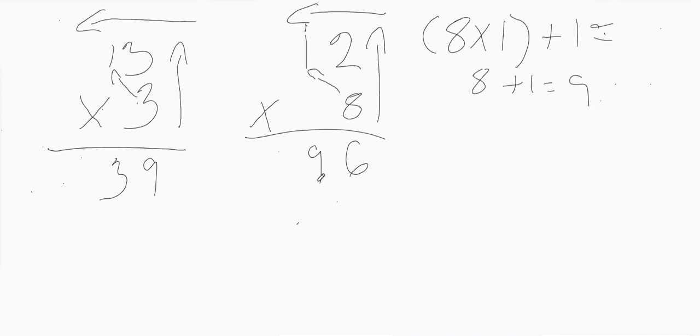Now, this is going to be your order of operations. 8 times 1, but because you carried your 1 over, it is 8 times 1 plus 1. Now, any number times 1 is that number. So 8 times 1 is 8, and 8 plus 1 is 9. So this is now a 9.